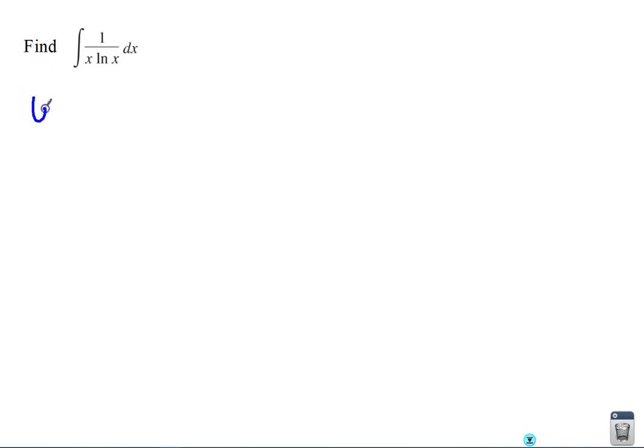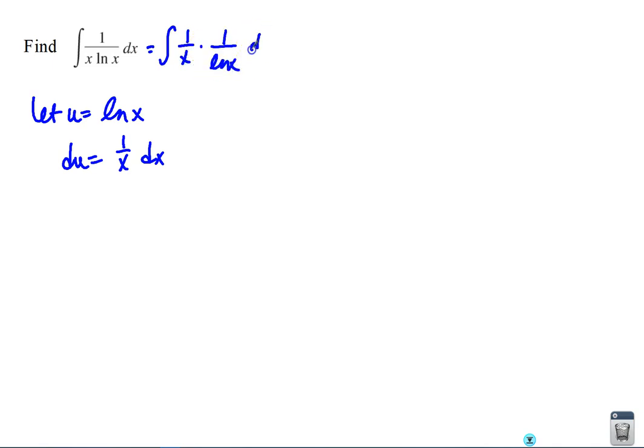What I'm going to do is say let u is equal to just the natural log of x. The reason for that is because du is equal to 1 over x dx. Well, natural log is in the denominator, that's okay, but then 1 over x dx, oh, that's nearby, because you can think of this as the integral of 1 over x times 1 over natural log of x dx.